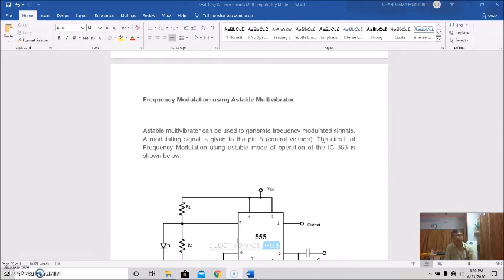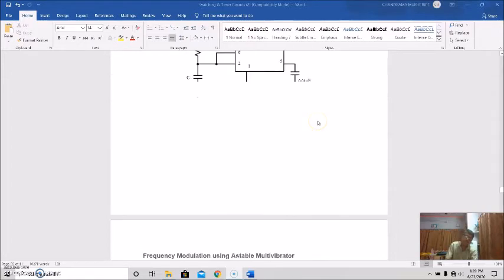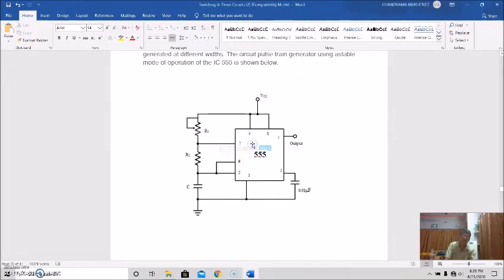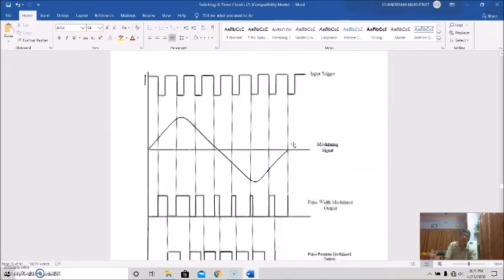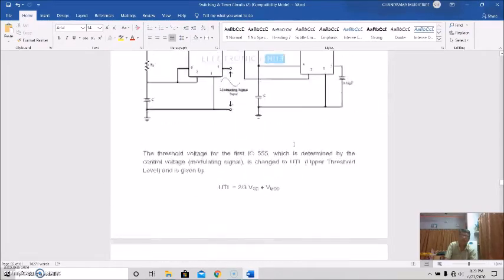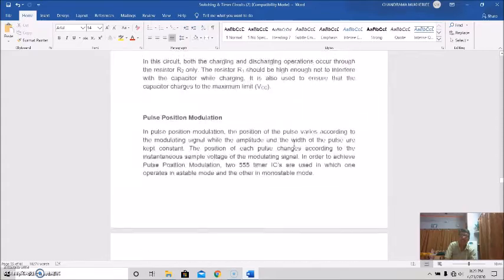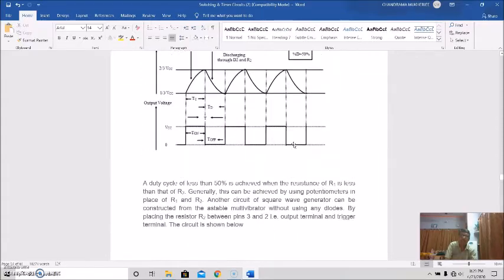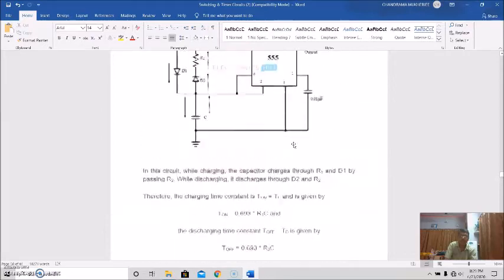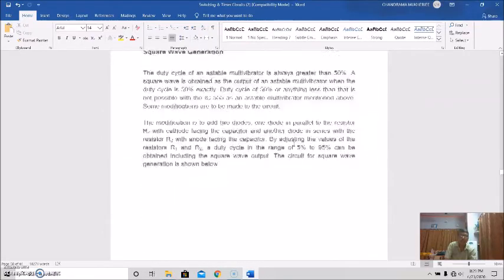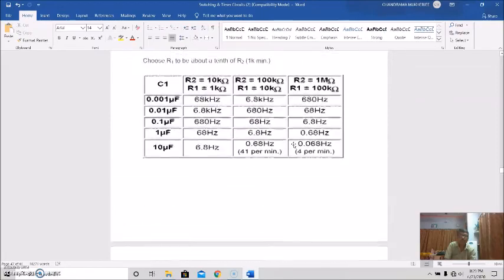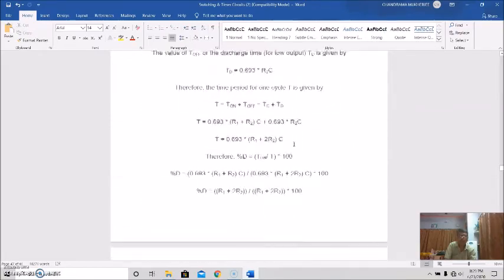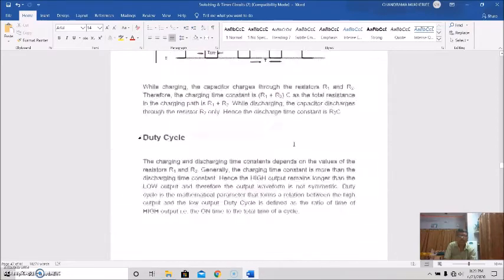We have discussed Astable multivibrator using 555 timer circuits and its operation. Once again, I'm going back to our discussion. Basically, it will help us to understand before the application. So our discussion was like this.